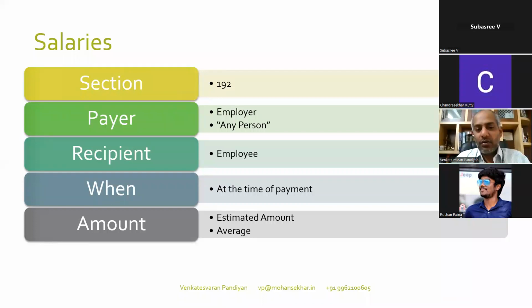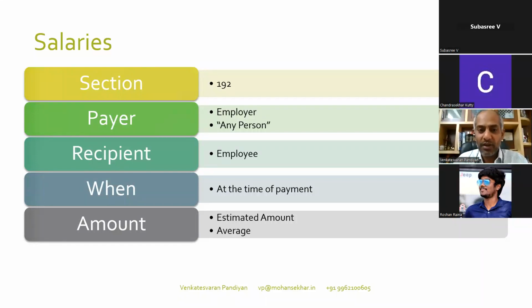Then we also saw salaries in detail. We will have just a summary of them today. The section that deals with salaries is 192. The payer, which is always the employer, is liable to deduct TDS whenever a salary is paid.